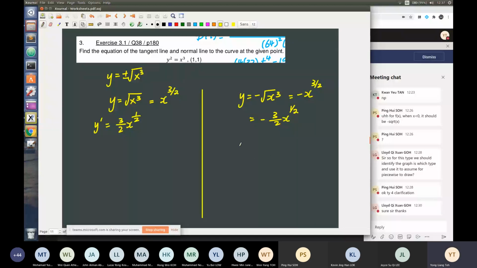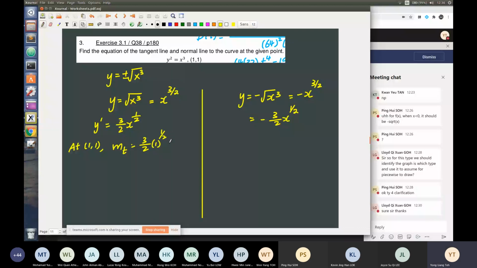Okay, so once we have this, this is our y prime. But we want to know what is the gradient at (1, 1). So therefore, we can say at (1, 1), the gradient of the tangent, let's call it mt. So mt is equivalent to 3 over 2 times 1 to the power of half.